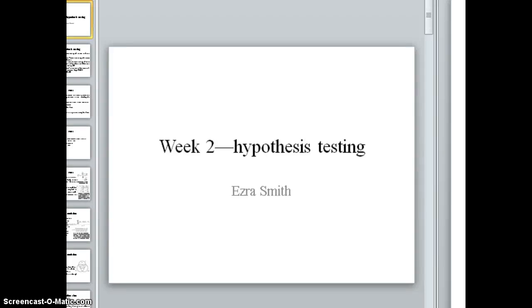This week is week 2, and it's about hypothesis testing. We'll also talk a little bit about effect sizes, which, as we'll see, are two slightly different things. When we compute a test statistic, we want to know whether or not it is reliable and whether or not it's meaningful.